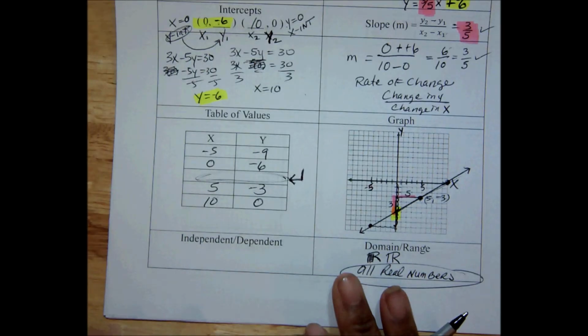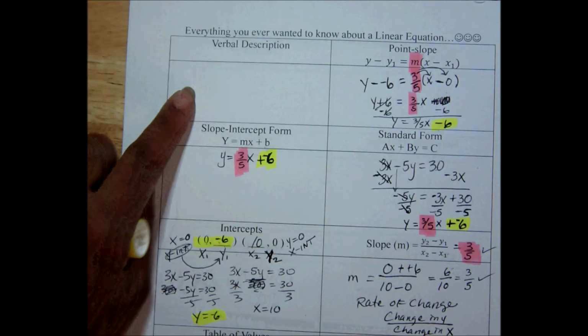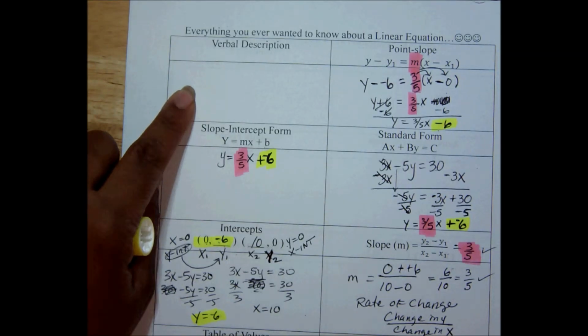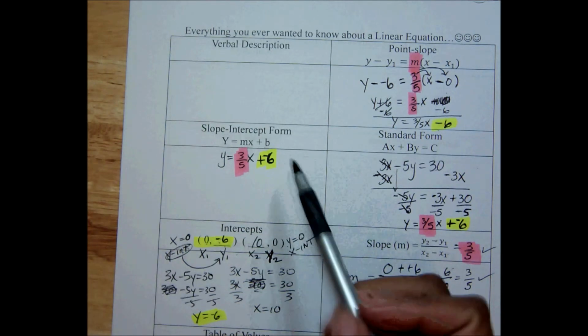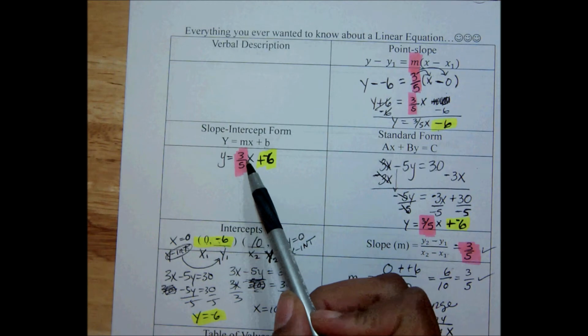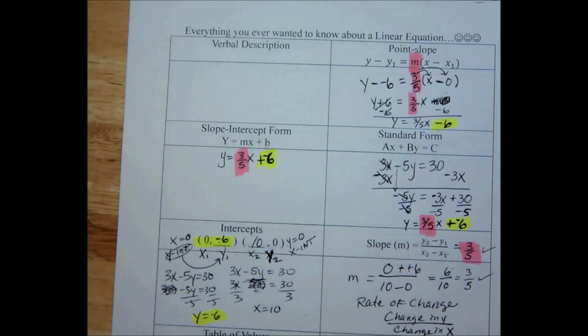Okay, we have 2 boxes left, independent and dependent. So, before I do that, I'm going to talk about writing a verbal description for this problem. And I know that it says 3/5 x plus -6. What type of verbal description could I come up with for this problem? Okay, let's try this.